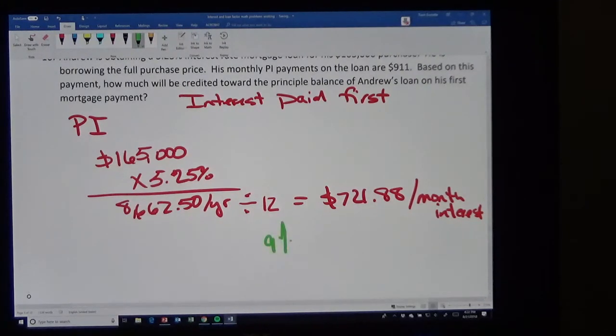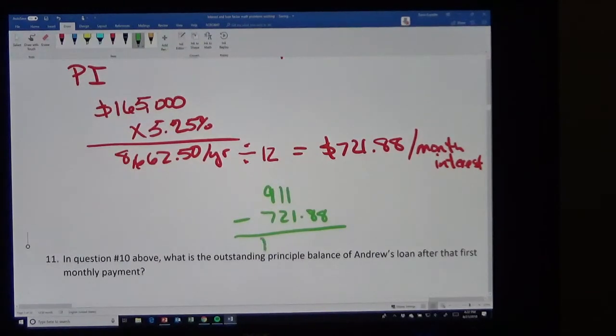Well, 911 minus 721.88 equals $189 and about 12 cents. $189 and about 12 cents. And that's the amount going toward principal out of that payment.